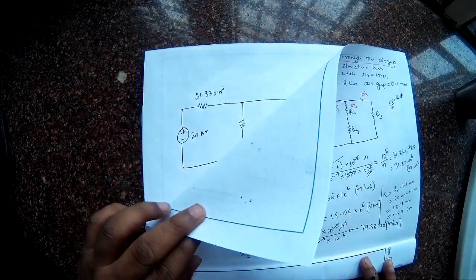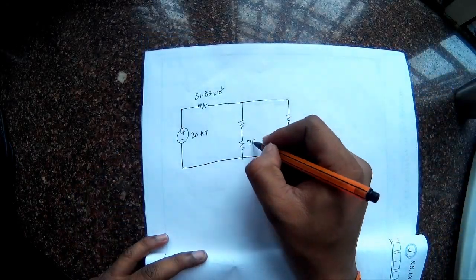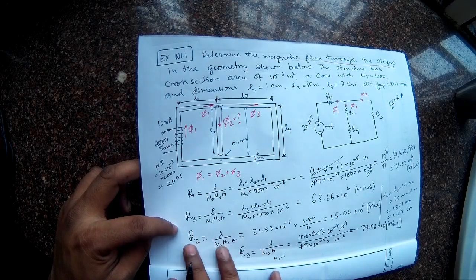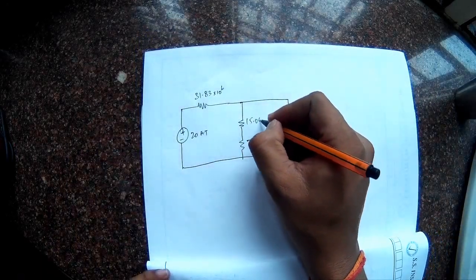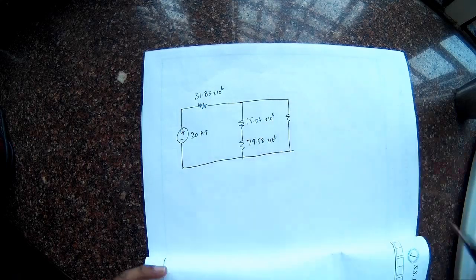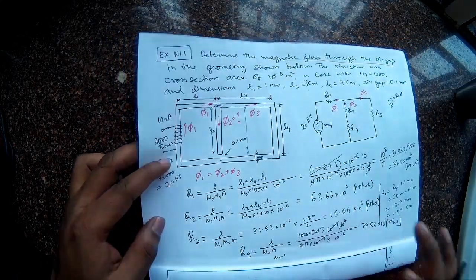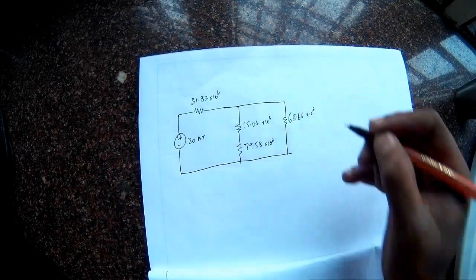That is, the reluctance of the gap is 79.58 10 power 6, and reluctance of the path 2 is 15.04 into 10 power 6, and the reluctance of this is 63.66 into 10 power 6. Okay.